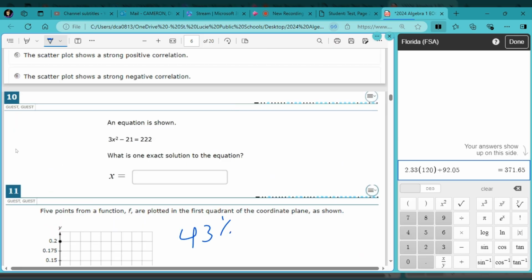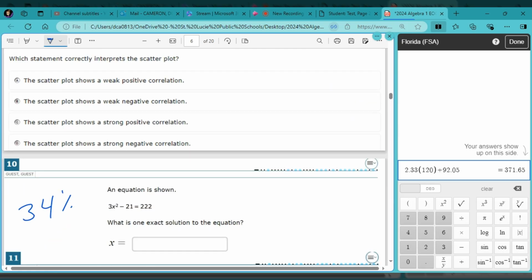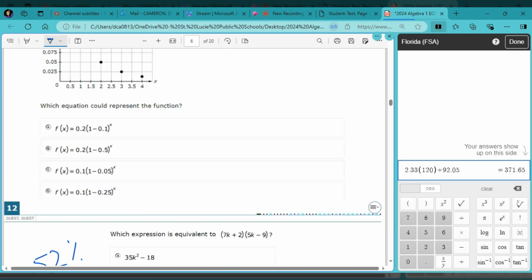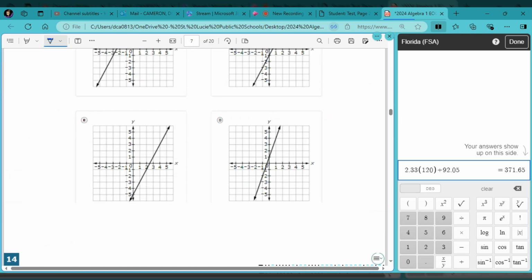Number 10 was 34%. And then the rest of them, I gave you the percents on the other video. Now that I have my other report with me, I went ahead and added that in.